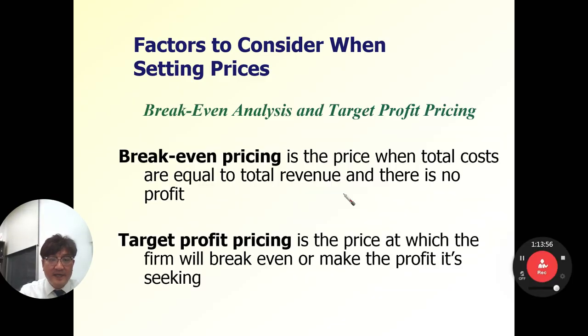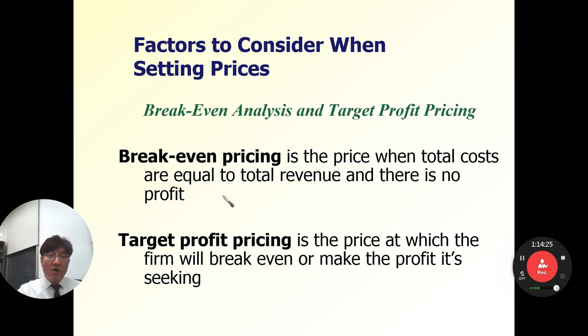All right. Now, with this information, we've already talked about how to calculate the unit cost, and based on the unit cost, we know how to calculate cost plus pricing. Now let's move a step forward. Let's calculate the break even point and the target profit point.